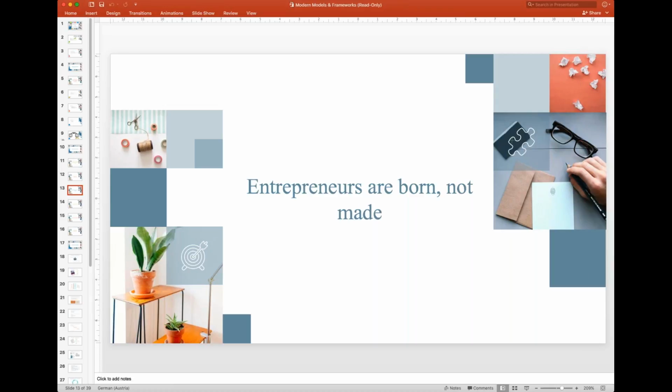Entrepreneurship is a mindset, and like other mindsets, it can be developed, can be educated, can be fine-tuned.